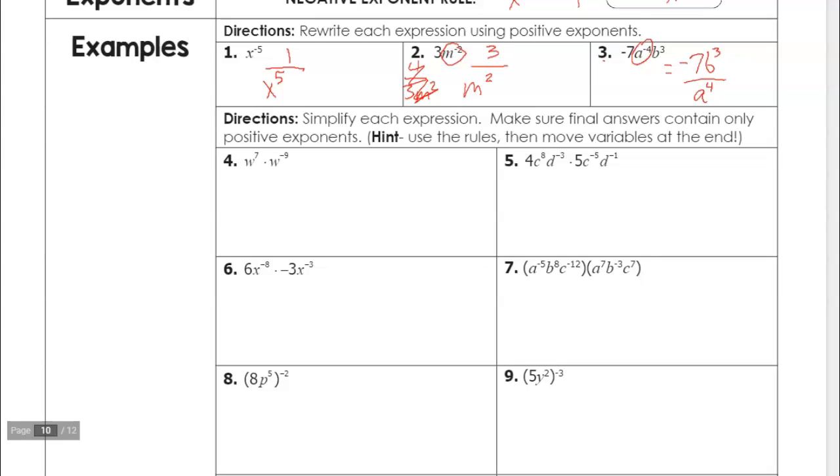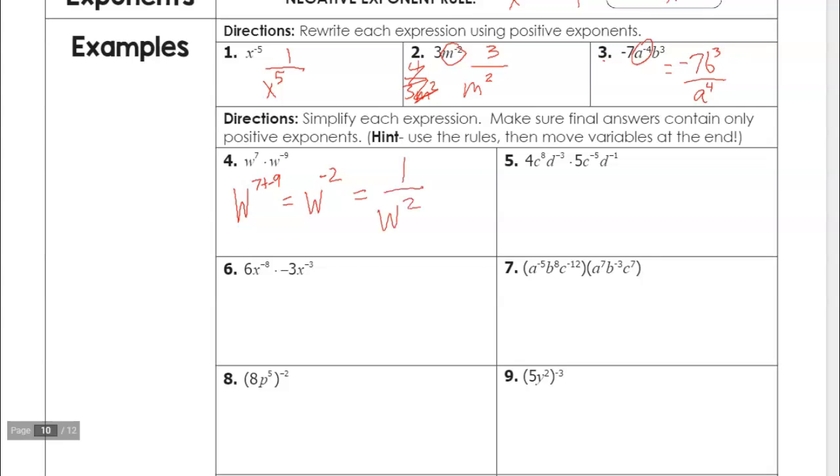So all the rules that we've learned, you want to apply those rules first, and then if you have a negative left over, then you make the move to the top or bottom. For example, on this first one, if we apply our rule, it is 7 plus a -9. So that equals w to the -2, which is 1 over w squared.